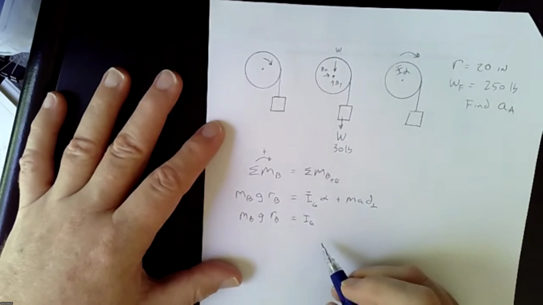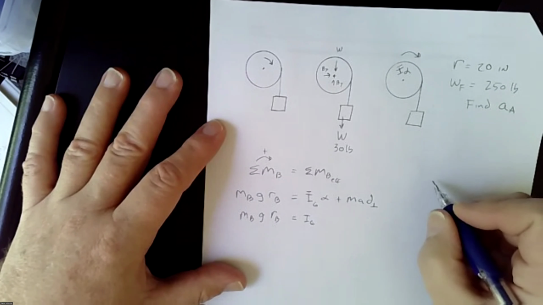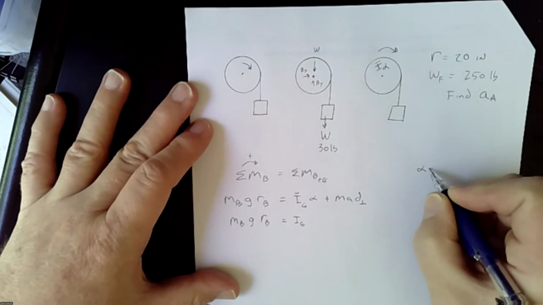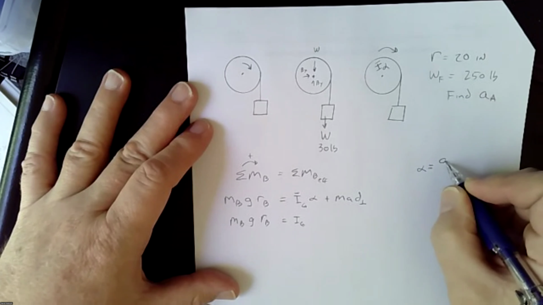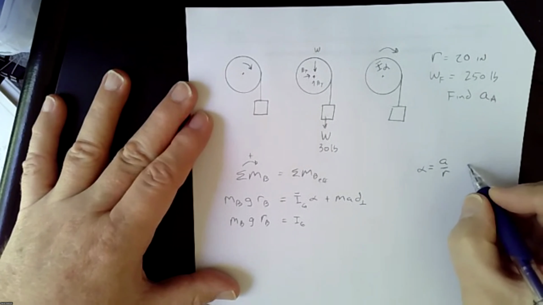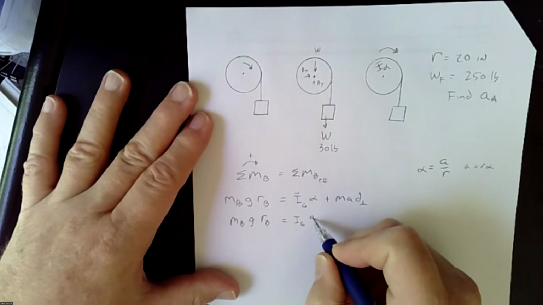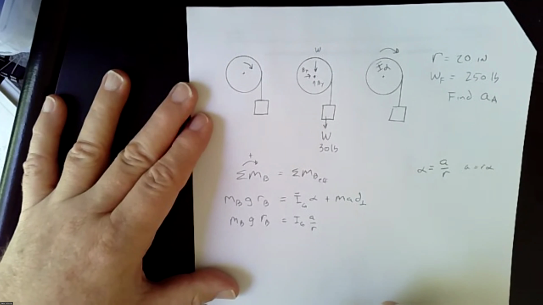Now in this case, I'm going to substitute because I know alpha is equal to acceleration over R. Remember, acceleration is R alpha, so I can substitute A over R for alpha.